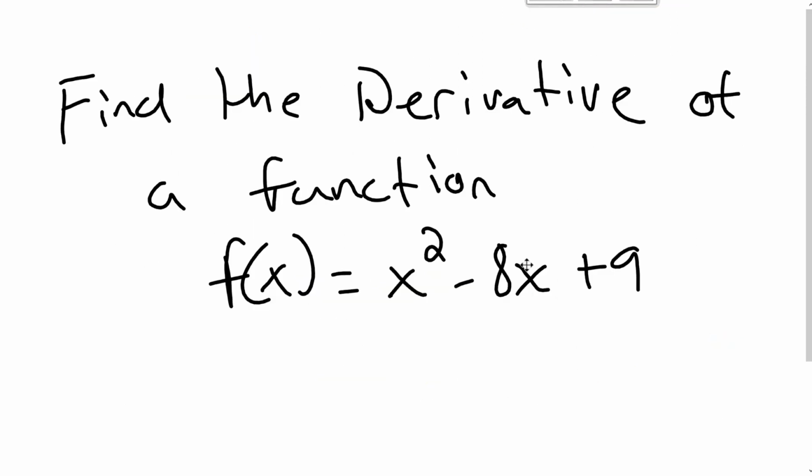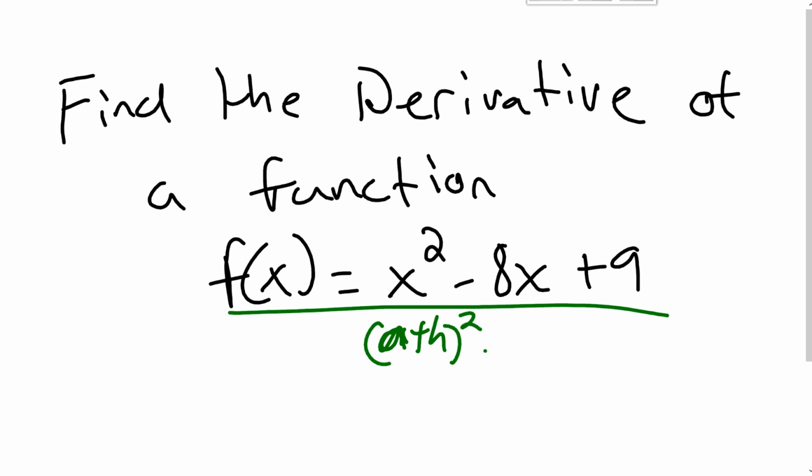So here's an example, finding the derivative of this function. Again, it's more complicated, but it is the difference quotient. So I'm going to plug in a plus h, which sometimes we're used to doing. You could do an x plus h, that's fine too. So we're going to square that, then subtract 8 times a plus h, and then plus 9.